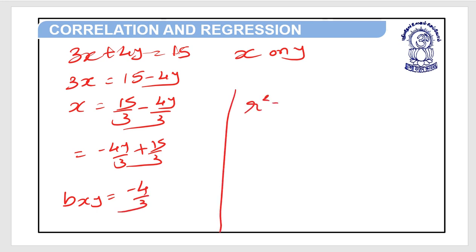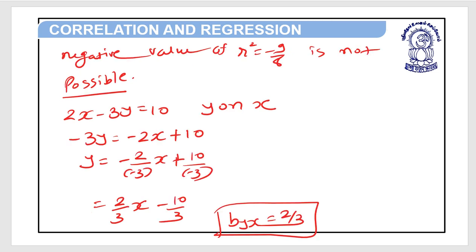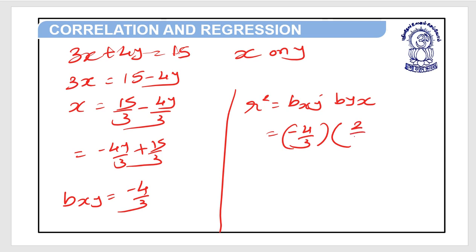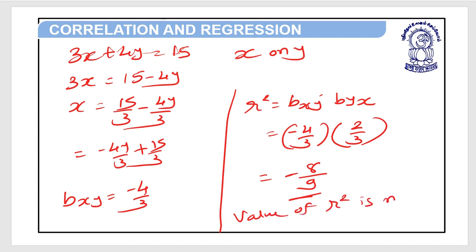So here r square is equal to bxy into byx, minus 4 by 3 into 2 by 3, minus 8 by 9. Again r square is negative. So the value of r square cannot be negative.